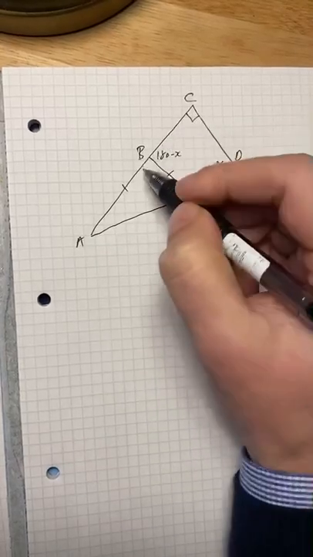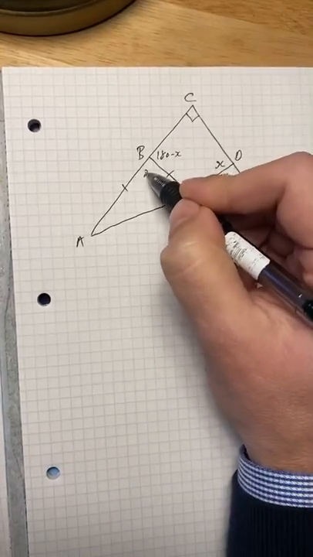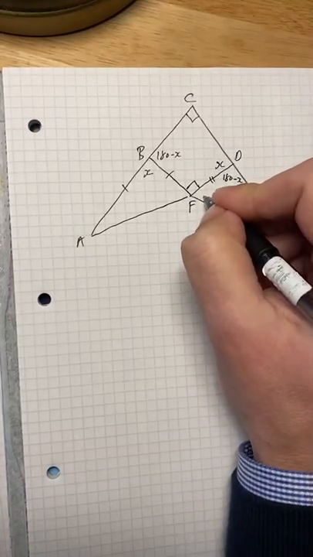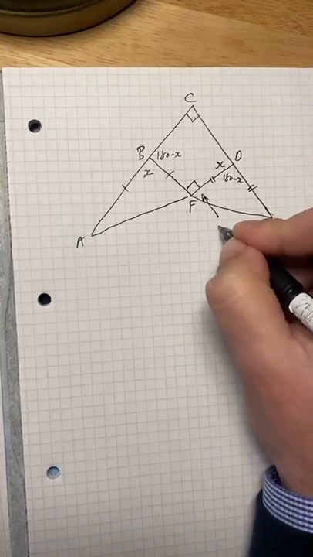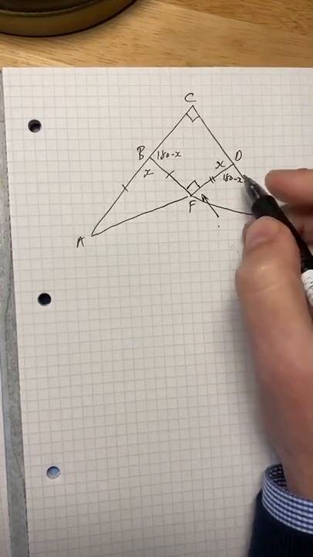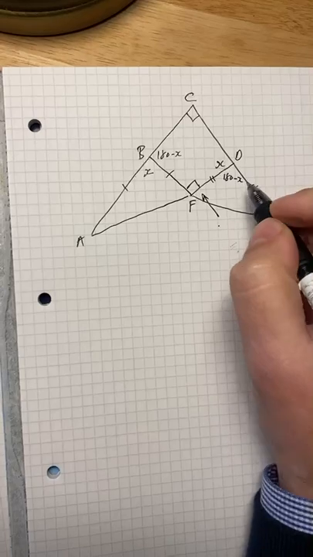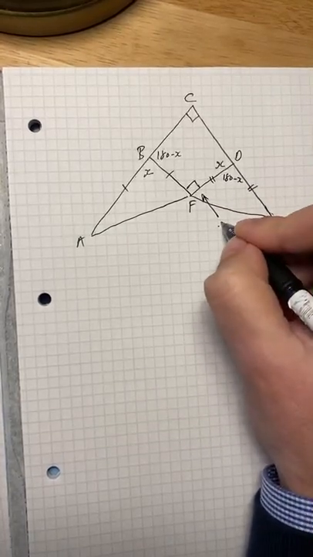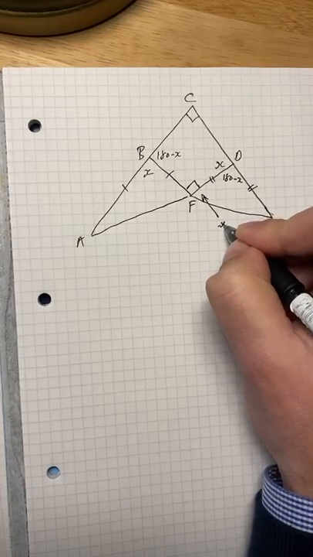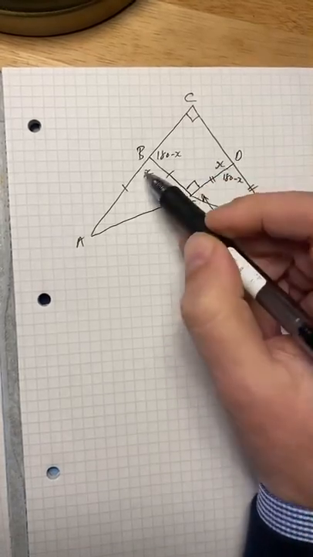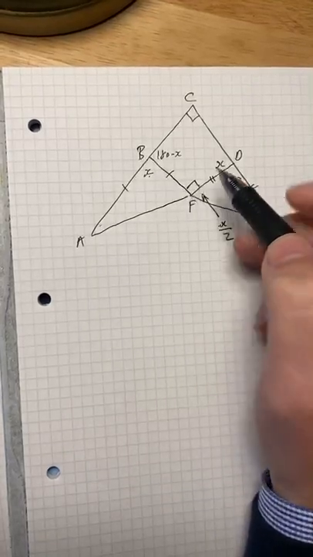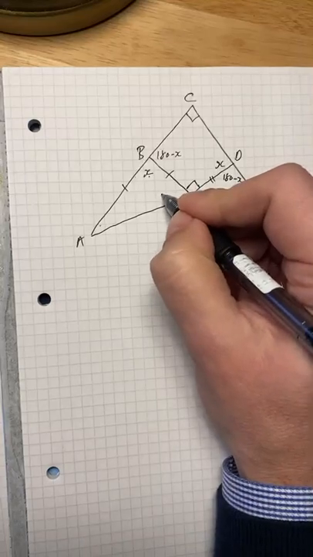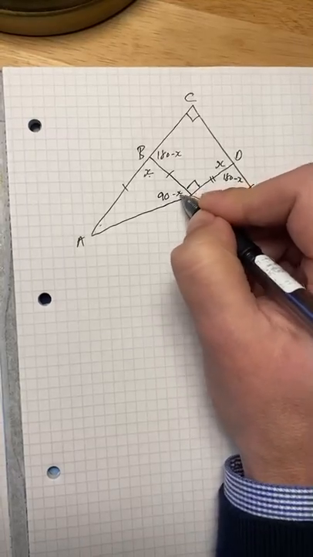Okay, we also know this then is going to be x, and that is going to be 180 minus x. Well, it's 180 minus that divided by 2, which is x over 2. This is going to be 180 minus x, all divided by 2, which is 90 minus x over 2.